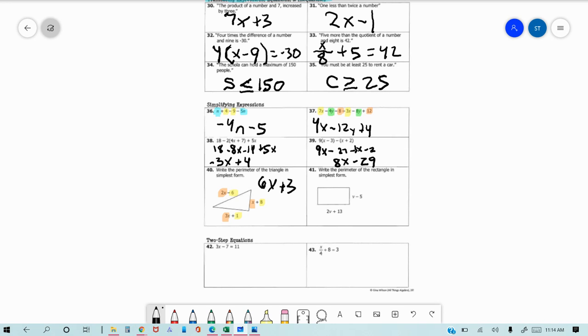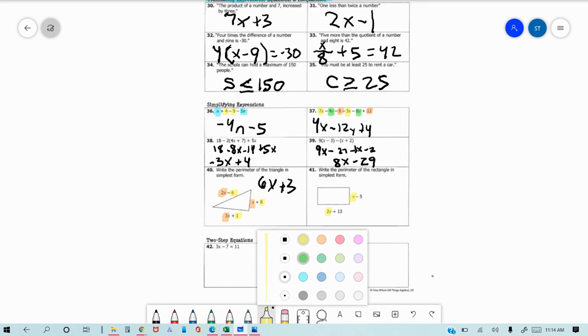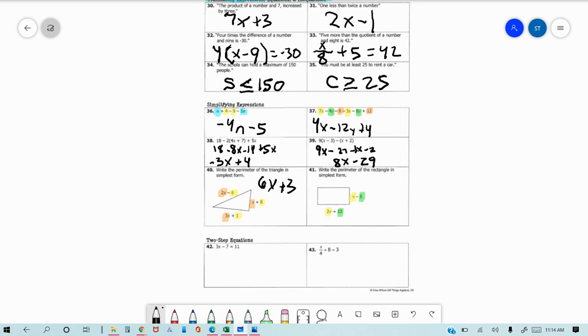All right, so we're going to write this in the simplest form. Again, we're going to get our v's together, our coefficients, and then we're just going to get our numbers together, okay? So everything that we do here is multiplied, though, okay? So it's multiplied by 2.